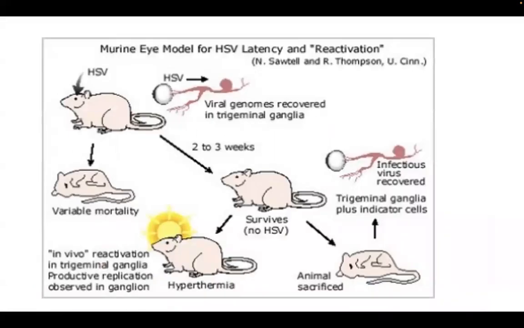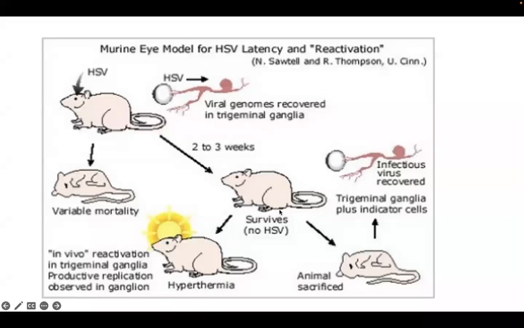So this diagram shows a little bit of what happens. For example, for the inoculation of HSV, they can inoculate the virus on the brain of the mice, and then either the mice will die based on the action of the virus, or it can survive, but then the virus will form latency at the trigeminal ganglia.